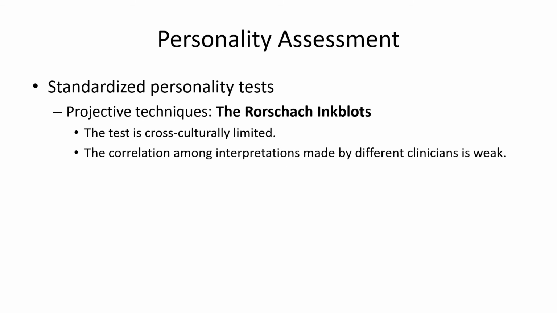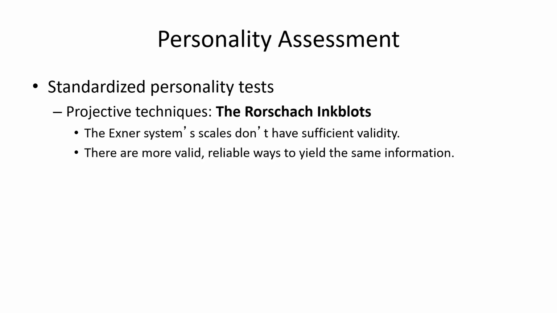The other thing about this stuff is it's pretty cross-culturally limited, right? You have to understand the person's stories to know what they're talking about, and there's also the correlation between two different clinicians. So if you or I did this test on an individual, and the individual gave the exact same answers, you and I both could come up with separate responses, right? And significantly different diagnoses.